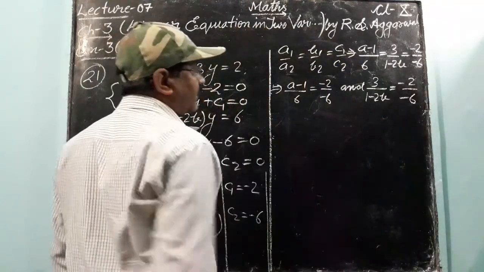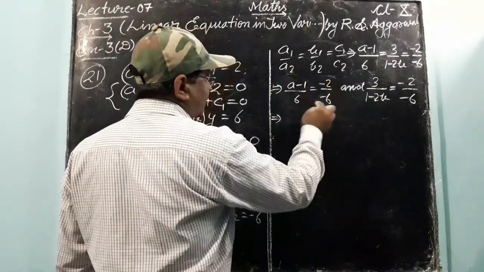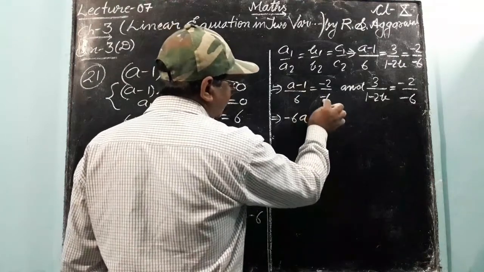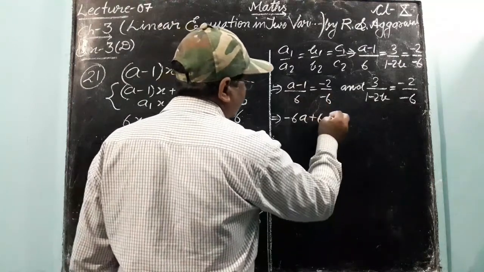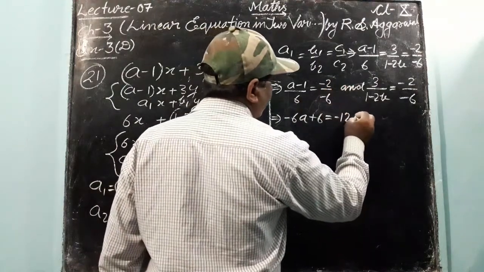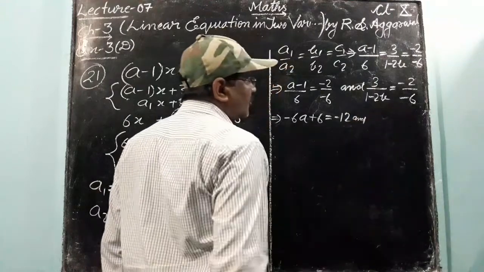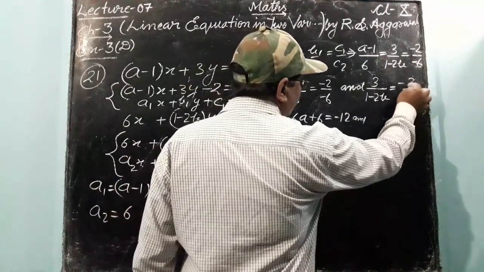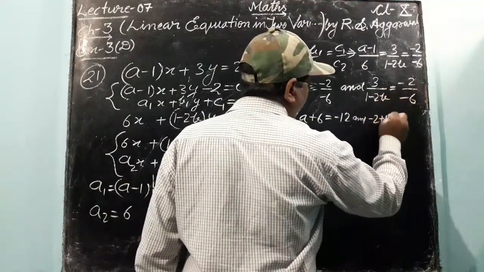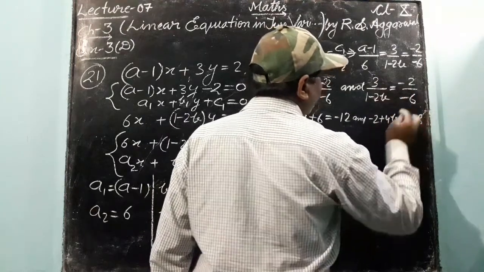Now both you will solve. Do cross multiplication: minus 6 into a is minus 6a, and minus 6 into minus 1 is plus 6, is equal to 6 twos are minus 12, and minus 2 into 1 is minus 2, minus 2 into minus 2b is plus 4b, is equal to 3 sixes are minus 18. Clear students?